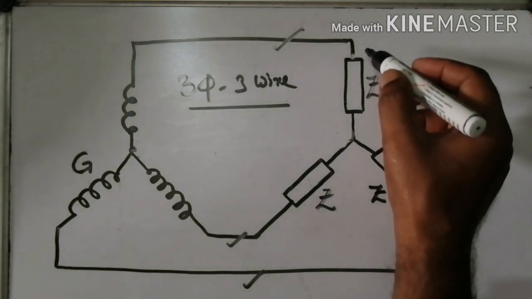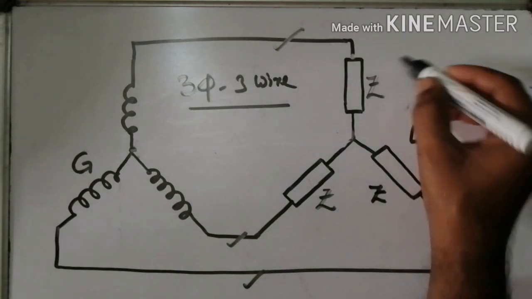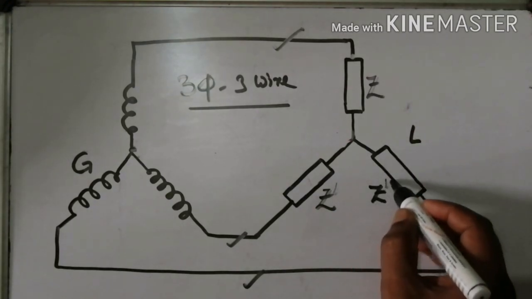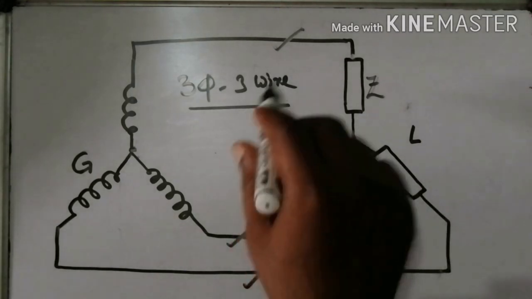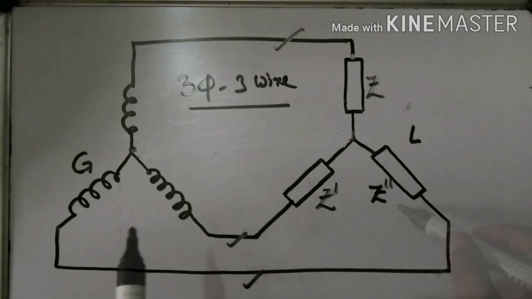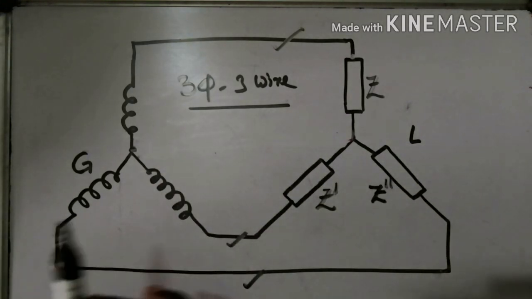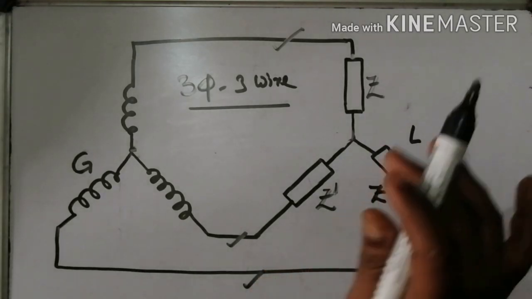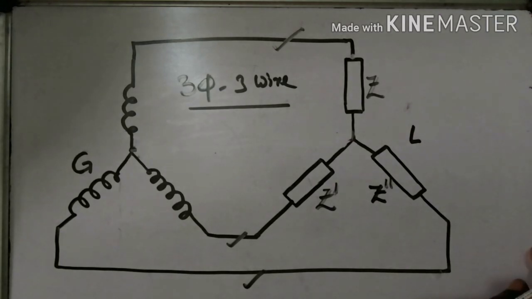If the loads connected are not equal, say Z, Z dash and Z double dash, it means that removal of the neutral conductor can cause unequal voltages across the different loads.